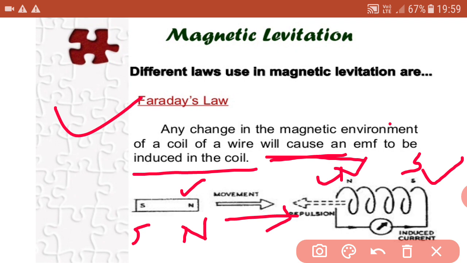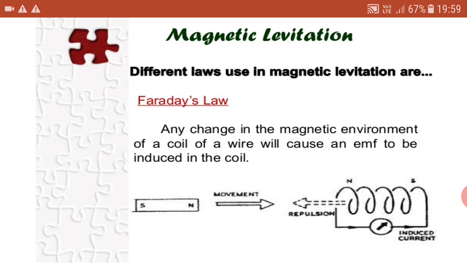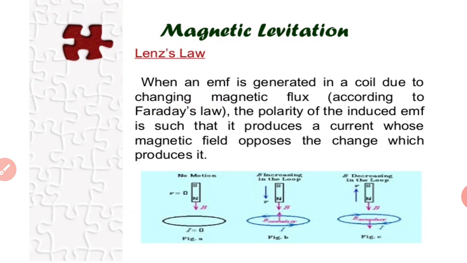Due to this, an EMF is induced, and due to this EMF, current is induced in this circuit. So this is Faraday's law of electromagnetic induction, and it is used in magnetic levitation.